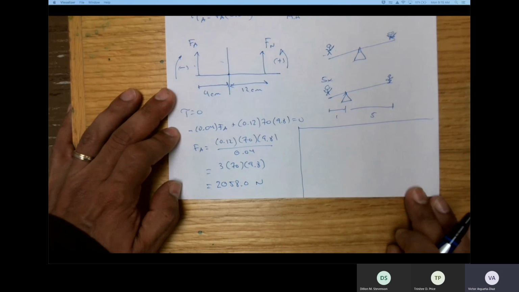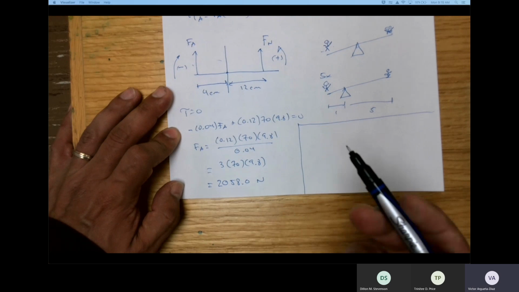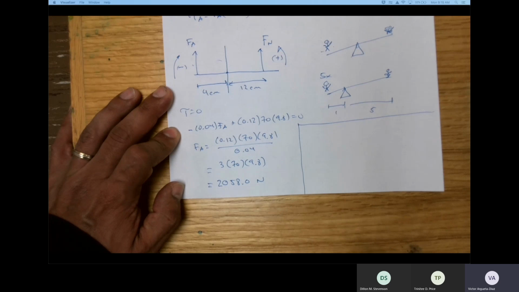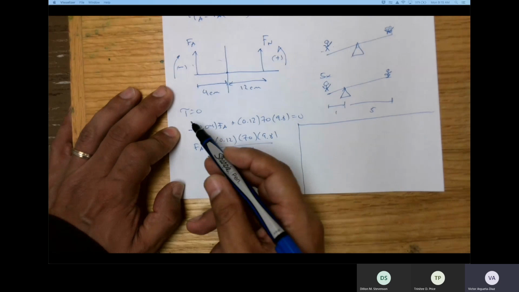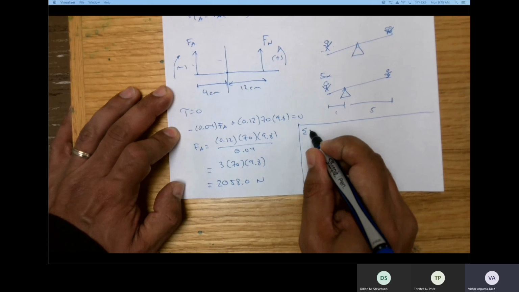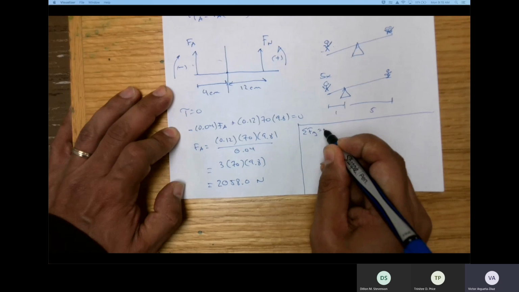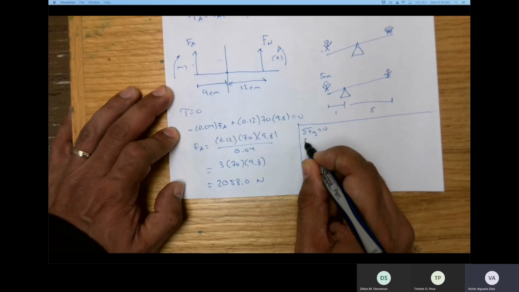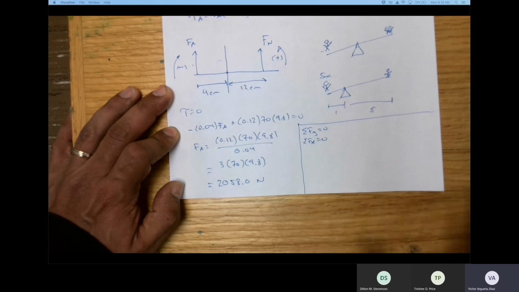Okay, so again, we have three equations to solve these kinds of problems. The sum of torques has to be equal to 0, and the other two are that the sum of forces in y and in x has to be equal to 0. Those are the only three equations that we have.